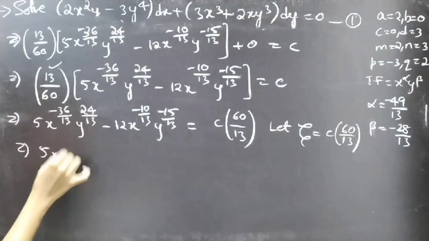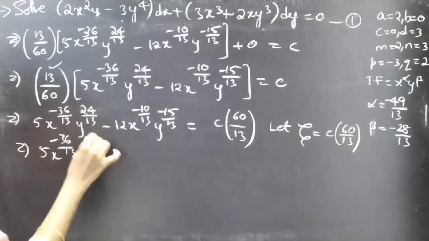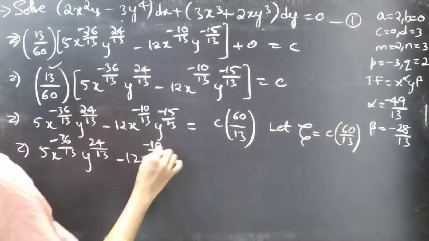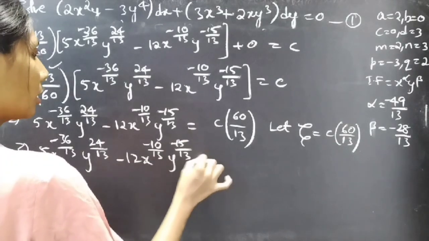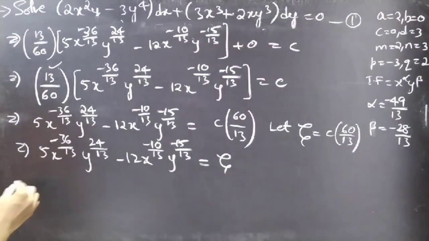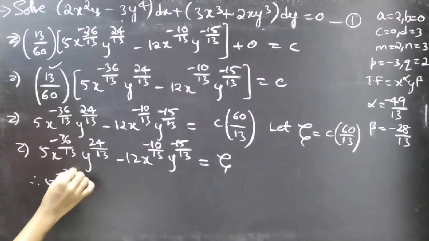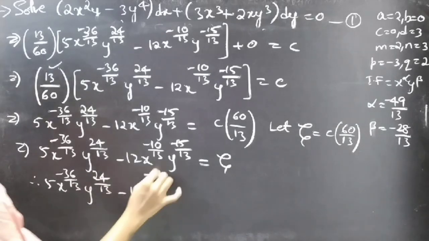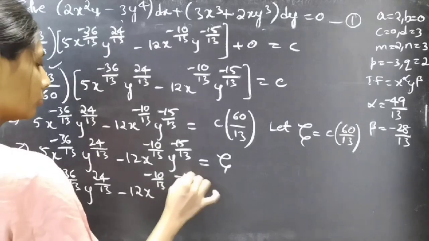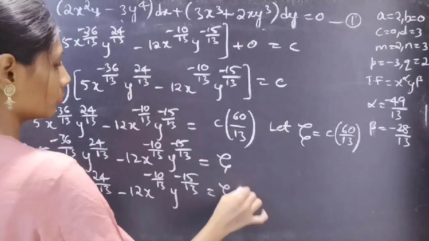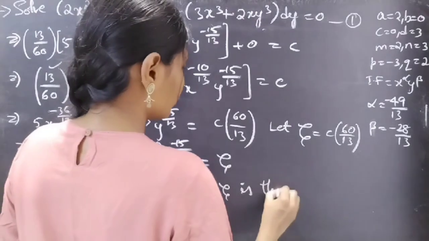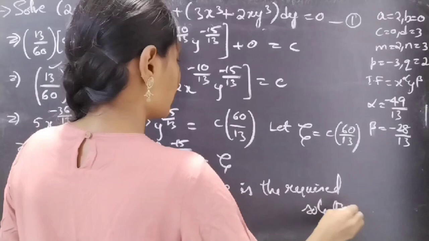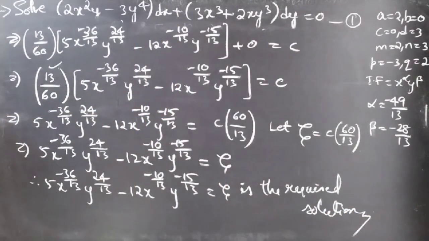Then we'll get 5 x power minus 36 by 13 y power 24 by 13 minus 12 x power minus 10 by 13 y power minus 15 by 13 equal to c, which is the required solution. Which completes the problem.